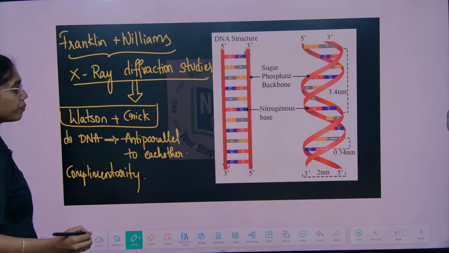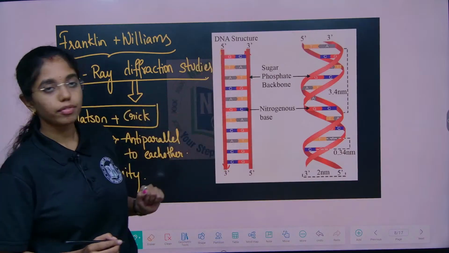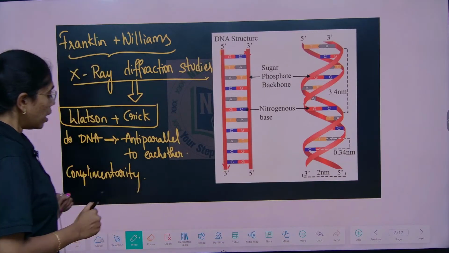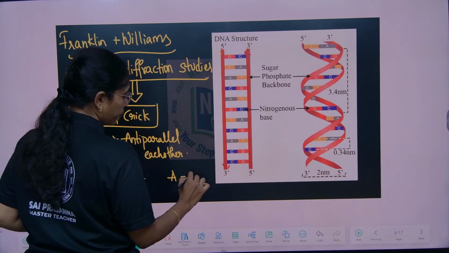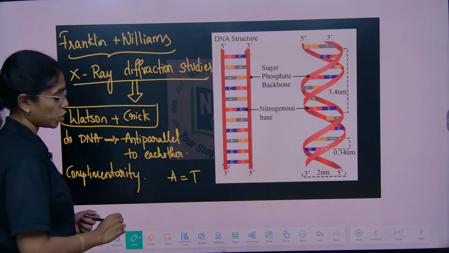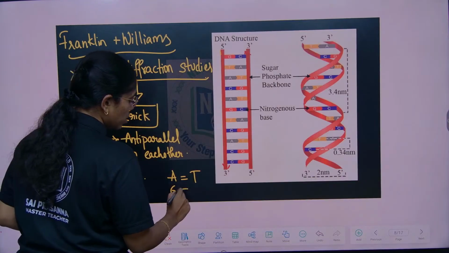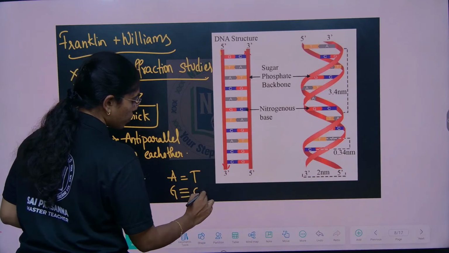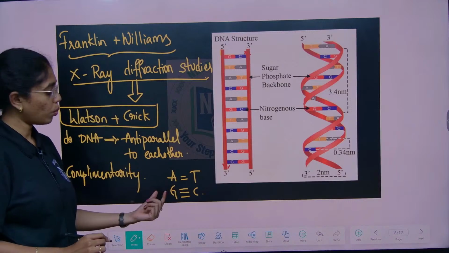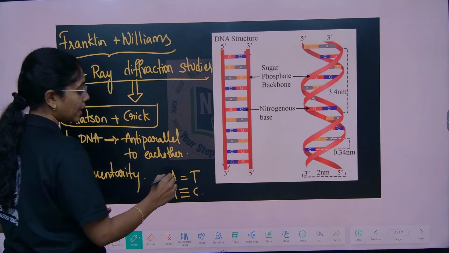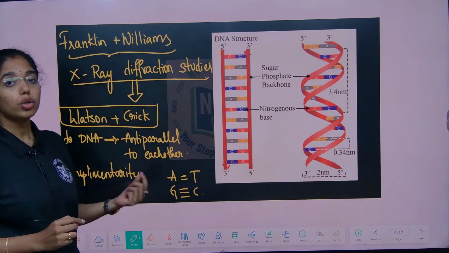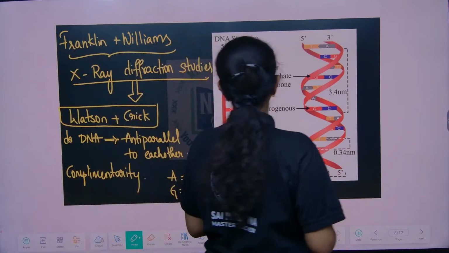If you see, towards the inner side you have nitrogen bases, right? Adenine binds with thymine via 2 hydrogen bonds. Guanine binds with cytosine via 3 hydrogen bonds.